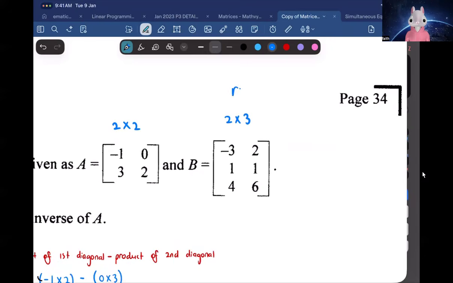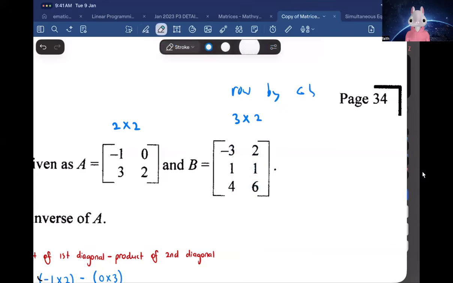Remember, it's rows by columns. How many rows are we seeing? 3 rows. So 2 by 3 is not correct because it's rows by columns. It's 3 rows by 2 columns, so that'll be 3 by 2.